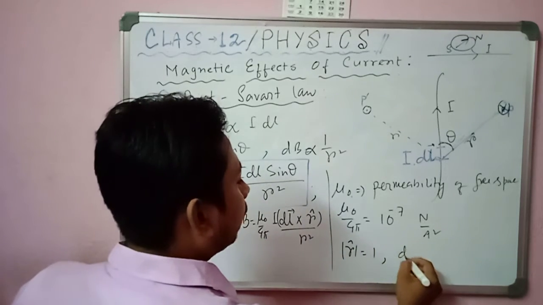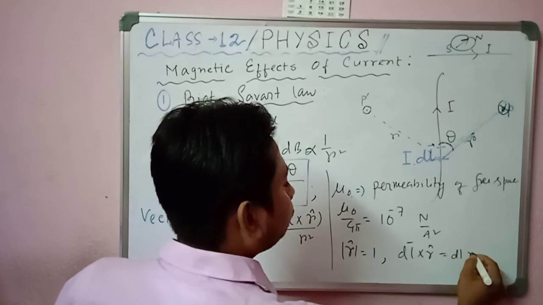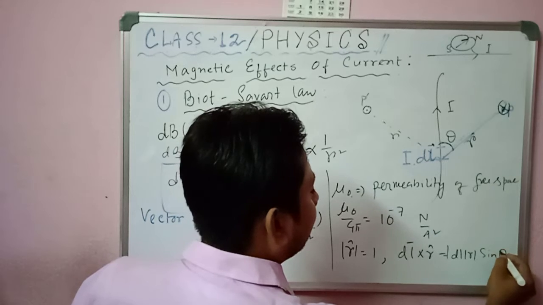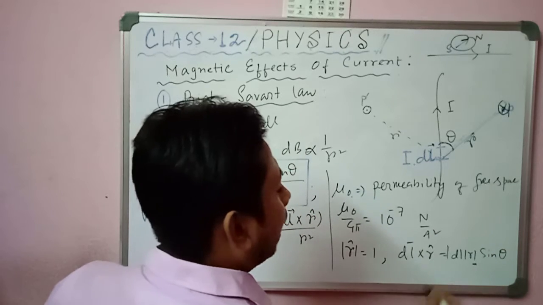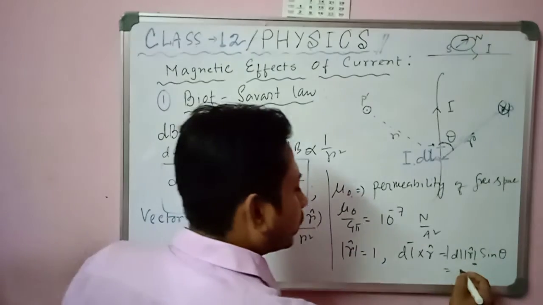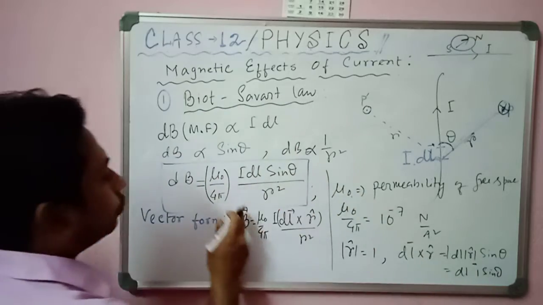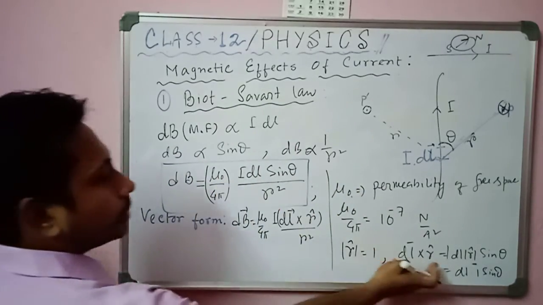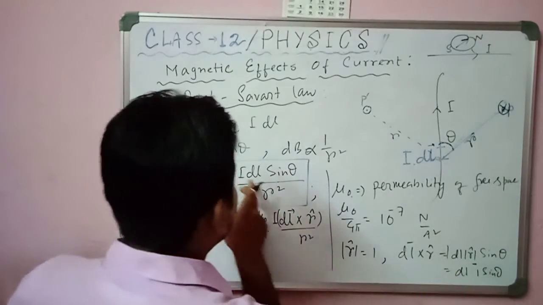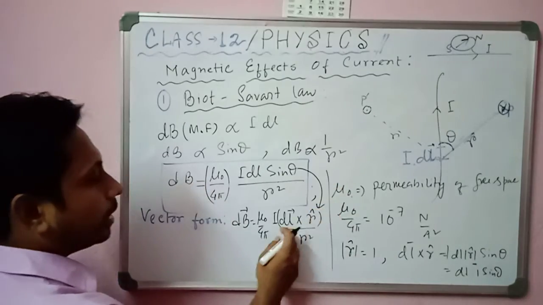So if you calculate dl cross r, it means dl times the mod value of r into sine of theta. The mod value of r is 1 because the value of a unit vector is always 1. So dl into 1 into sine theta. So you can get back to the previous equation. Understood, student? So dl sine theta, see here written dl sine theta.